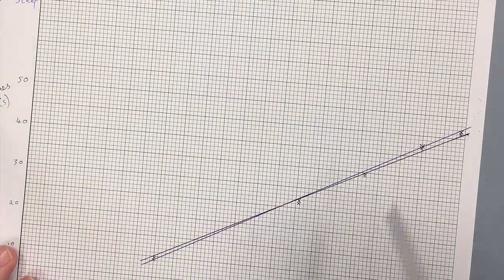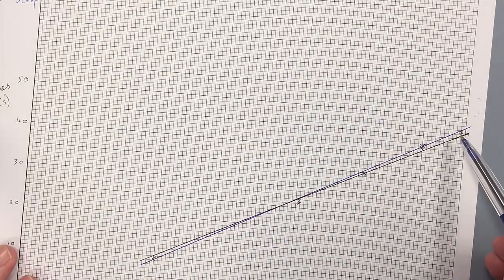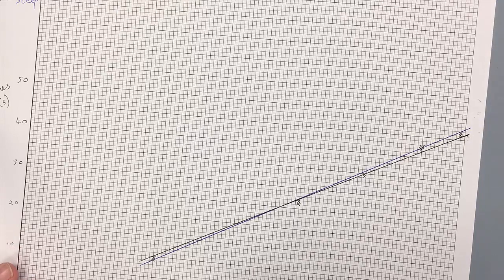So you can see that they do separate out. They are visibly separate lines here and here and down here, but I understand that they are very close in terms of gradient.